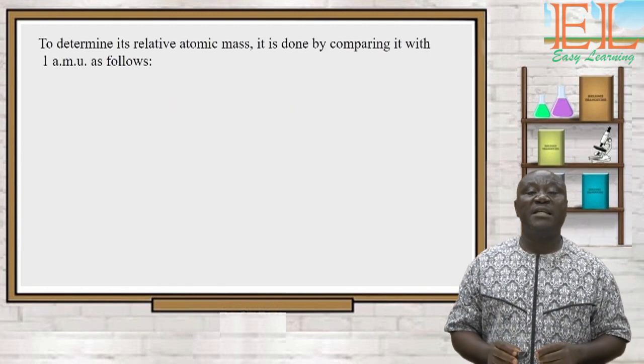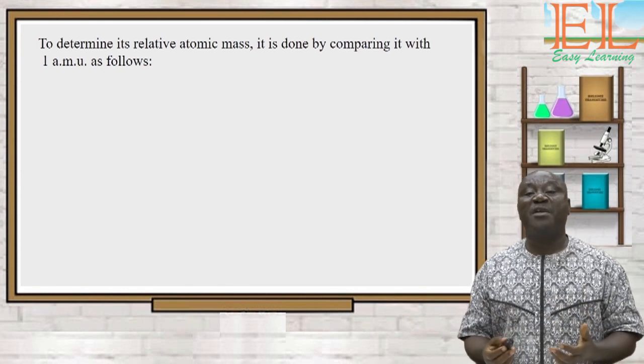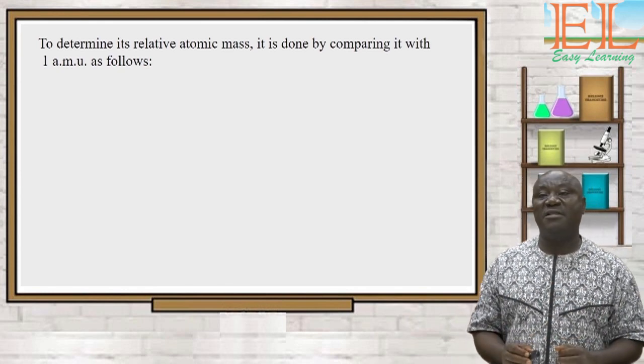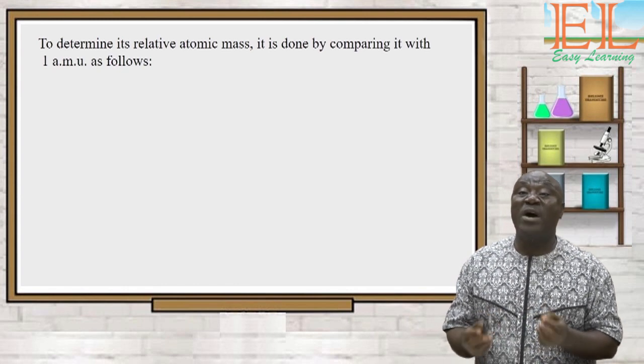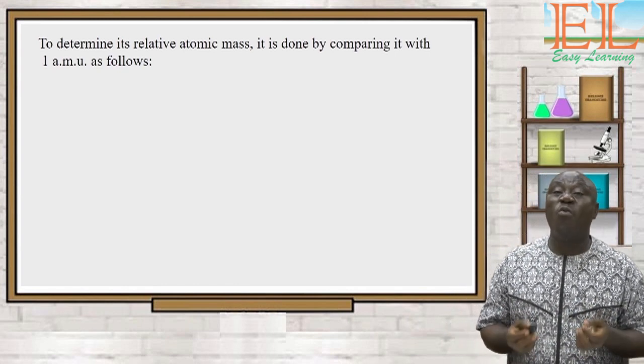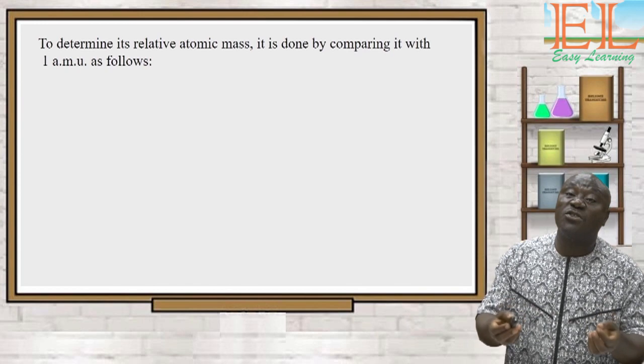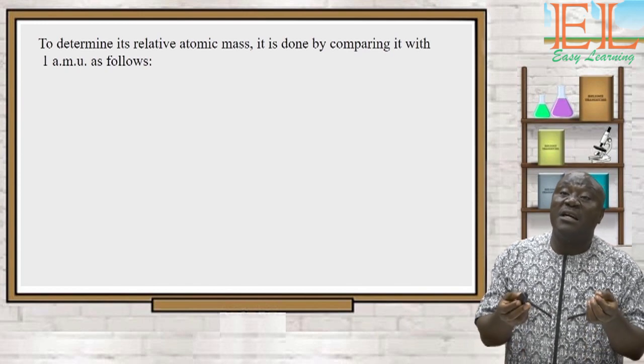Now, to find the mass or the relative atomic mass of nitrogen, this can be done by comparing it with 1 atomic mass unit, or 1/12 the mass of 1 isotope of what? Carbon-12.